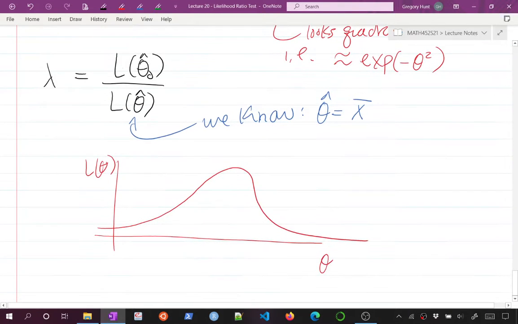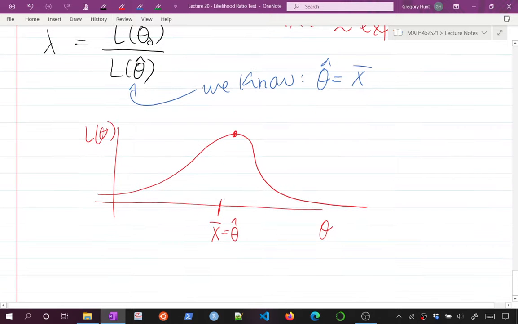It has this bell shape, and our peak of this thing is at x bar. That's what it means to be the MLE. So the overall MLE obviously corresponds to x bar.